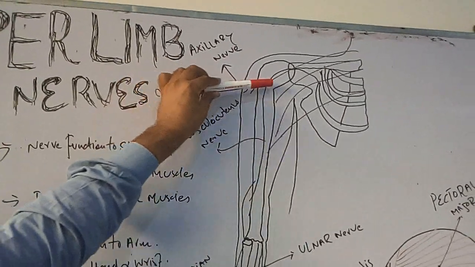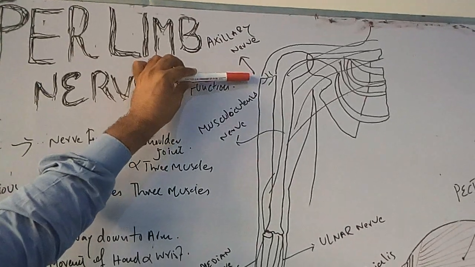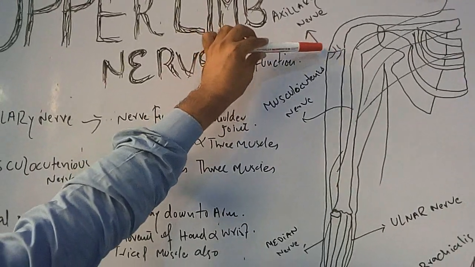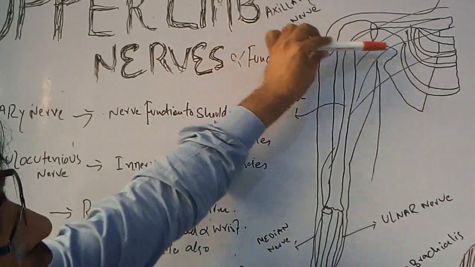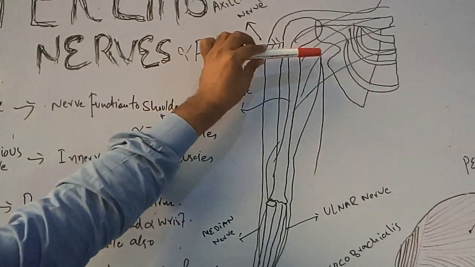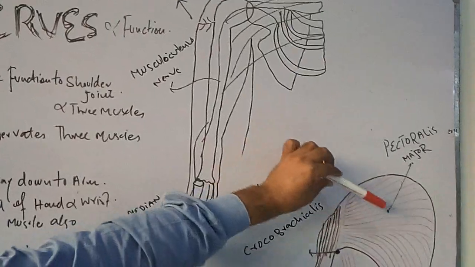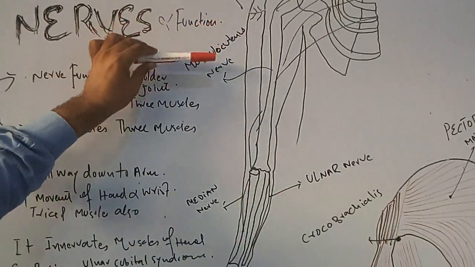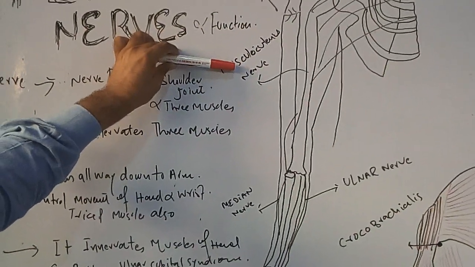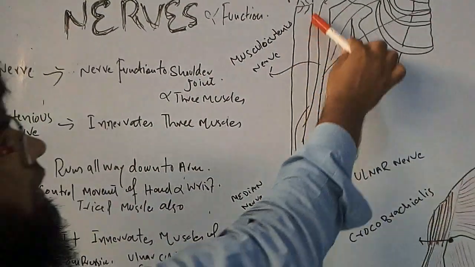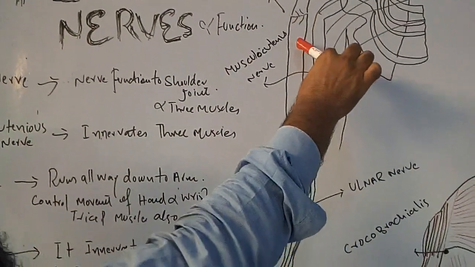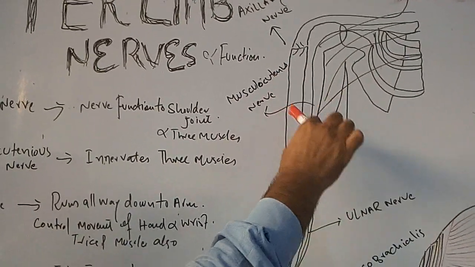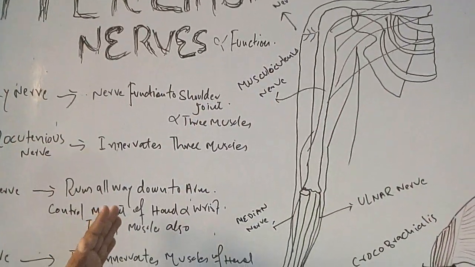The axillary nerve originates from the region of the axilla, so that's why we call it the axillary nerve. The axillary nerve has a very important function in movement of the shoulder joint and movement of muscles located around it. The second nerve you are looking at here is the musculocutaneous nerve, which is present just below the cutaneous layer, and we will discuss its function later.